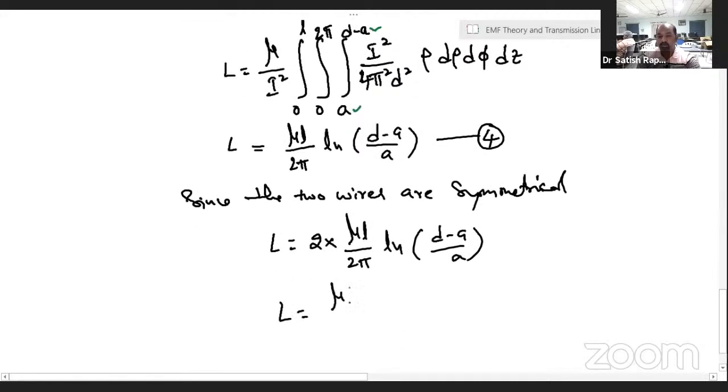Therefore, L is equal to mu L by pi ln of (d minus a) by a.